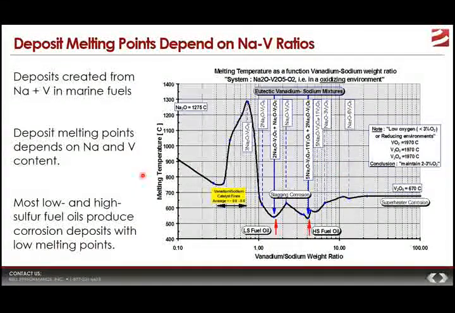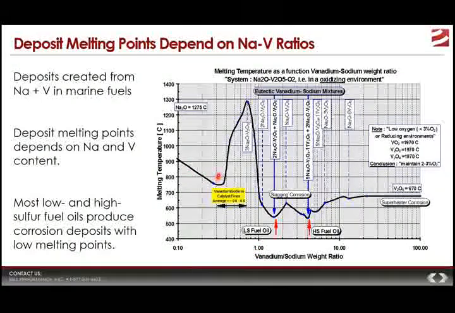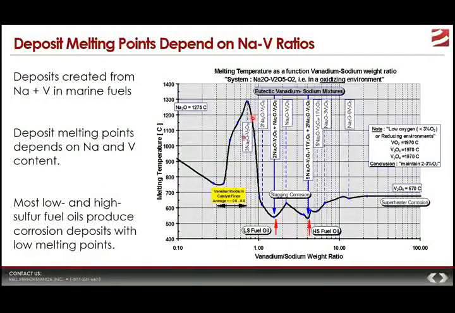As the ratio of vanadium to sodium changes, the melting points of the complexes tend to change. You start here with sodium oxide, with no vanadium in it, at 1275. When you start adding some vanadium, it goes down and bottoms out around 700.